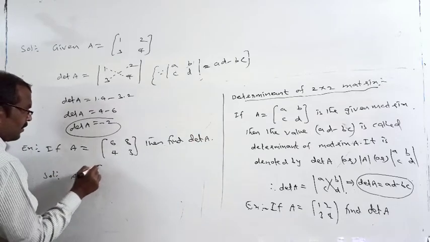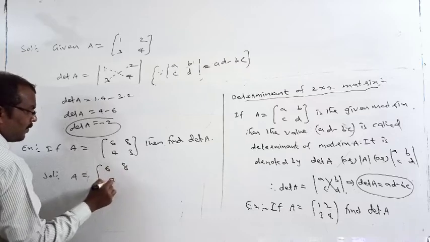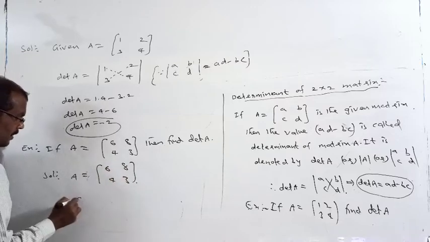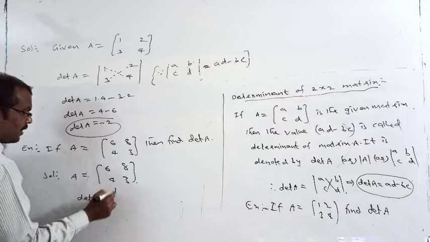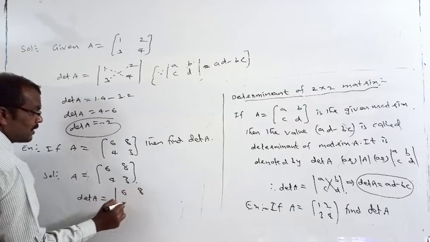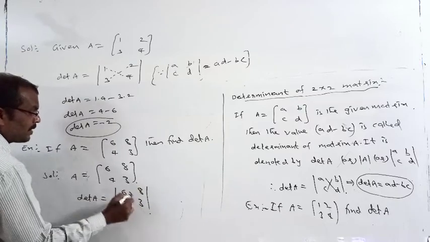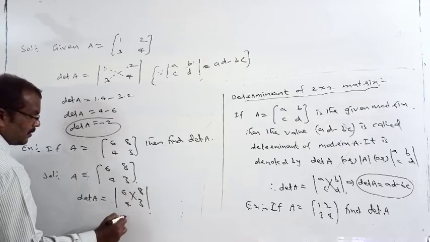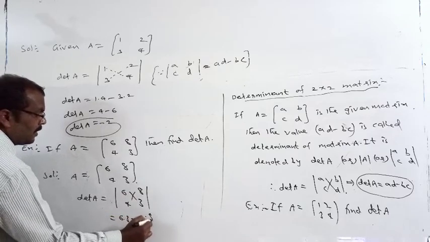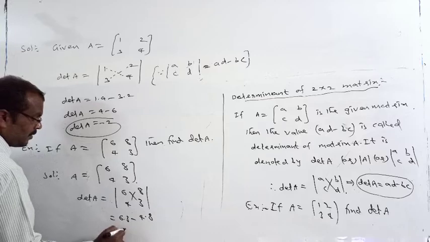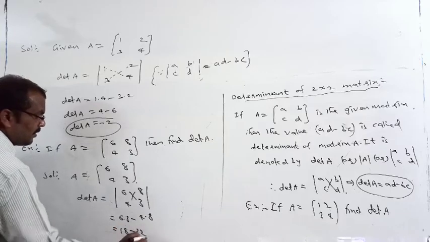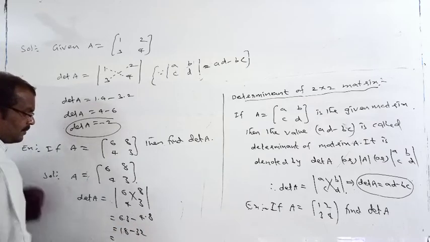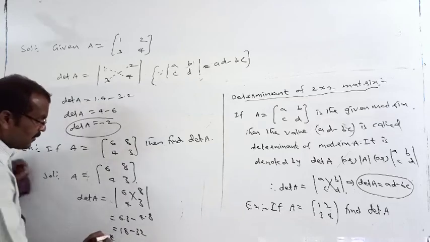So A is equal to 6, 8, 4, 3. Then det A is equal to how much? Determinant of 6, 8, 4, 3. Now see the concept. 6 into 3, 4 into 8. 18 minus 32. So now you can write the answer: minus 14.